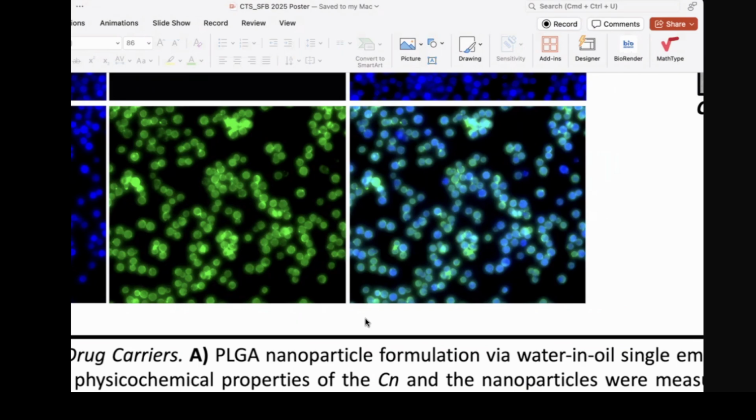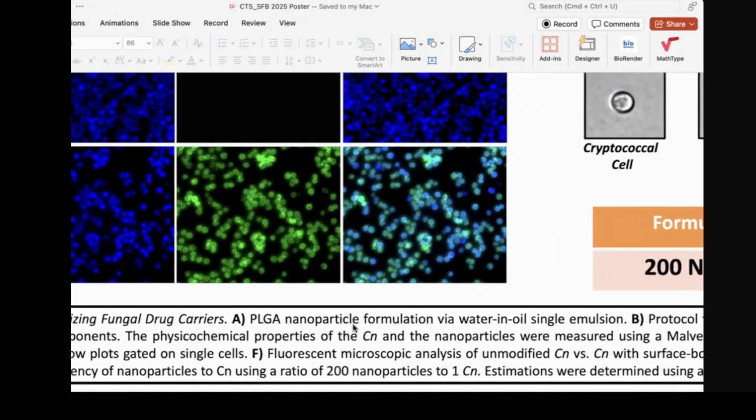But I have shown through a very quick experiment that I can attach the capsular antibody and show that there's co-localization of the antibody and the nanoparticles. I think something like SEM would be able to show us more clearly where the nanoparticles are actually attaching. But theoretically, with the acapsular strain they could attach directly to the cell wall as well.